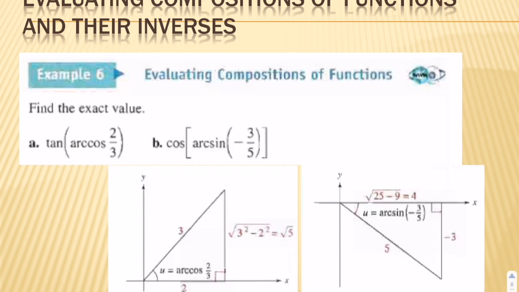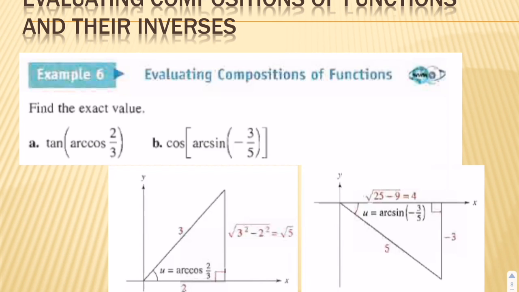If you use the Pythagorean theorem, as in figure 6.73 there, the square root of 3 squared minus 2 squared is 9 minus 4, that's 5, so the square root of 5 is the length of the opposite. Now we're going to take the tangent. The tangent is the opposite over the adjacent, and you end up with an exact value of the square root of 5 over 2.